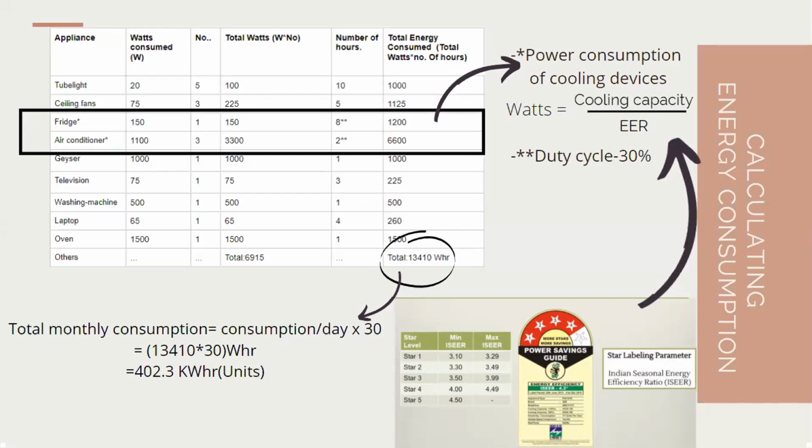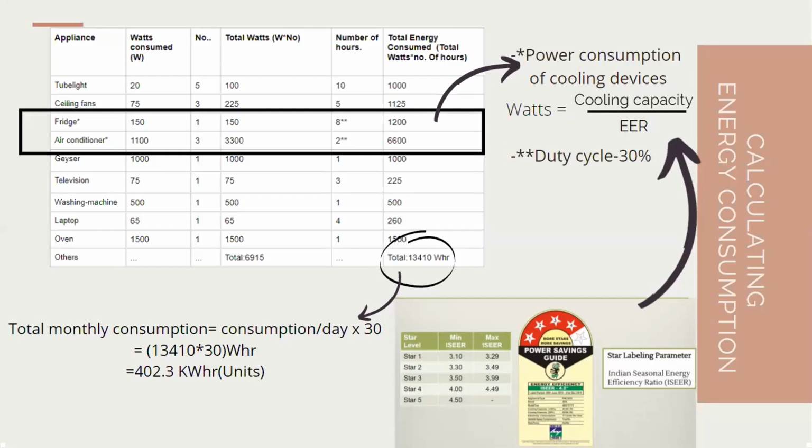And there's also a term known as duty cycle. For example, if you're running a fridge for 24 hours daily, out of 24 hours, it doesn't actually work 24 hours. Its compressor, which actually removes the heat, works for less time than that. For example, this duty cycle here, we have 30%.